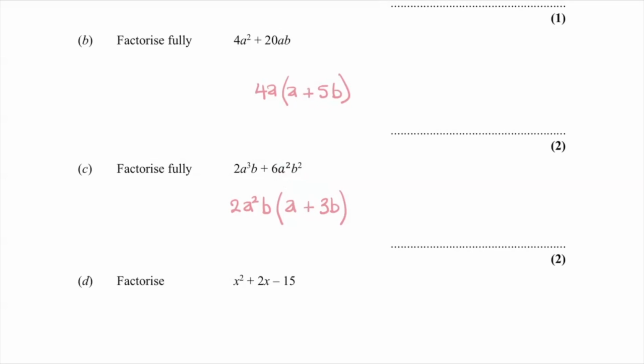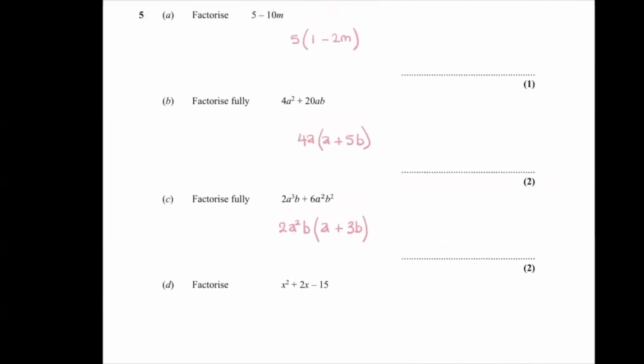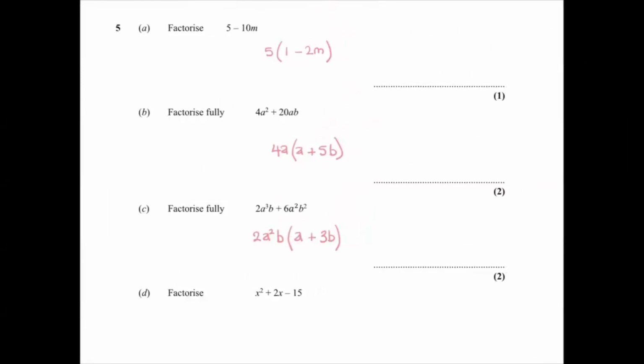Okay, now the next question is where we're really ramping it up again. One of the things that I want to point out to you so far is here we've got two terms with one operation. We've got one operation, we've got one operation. These have all gone into a single bracket.